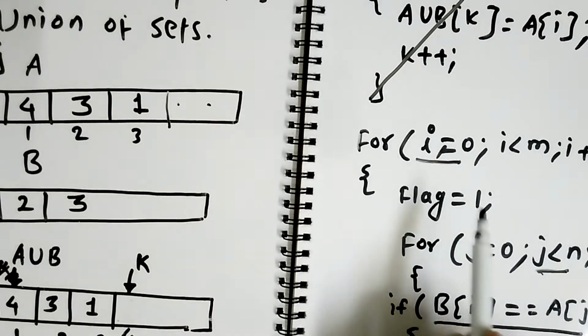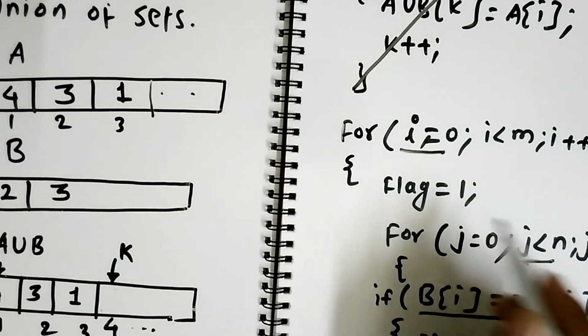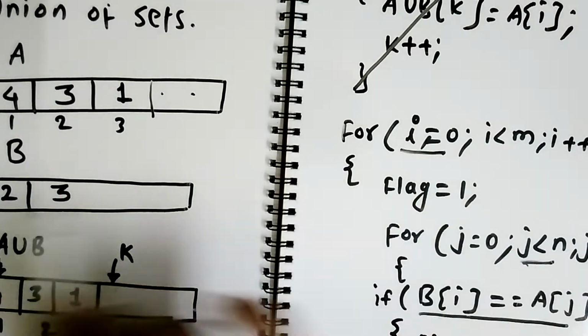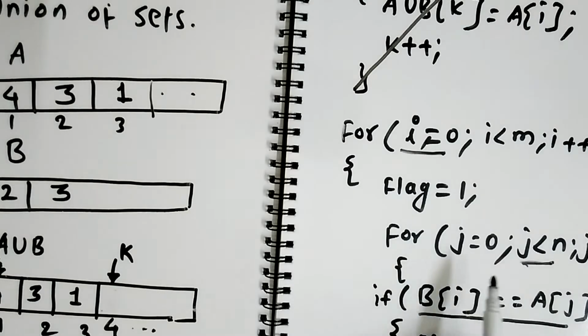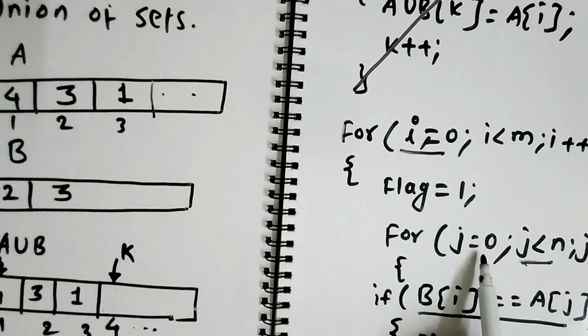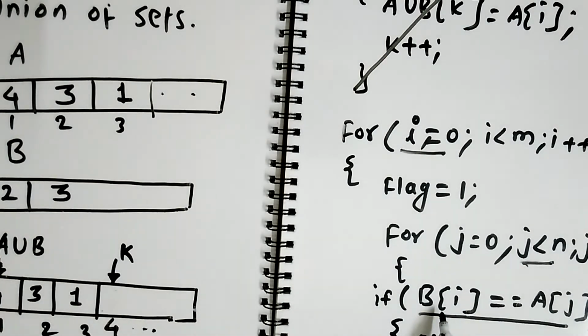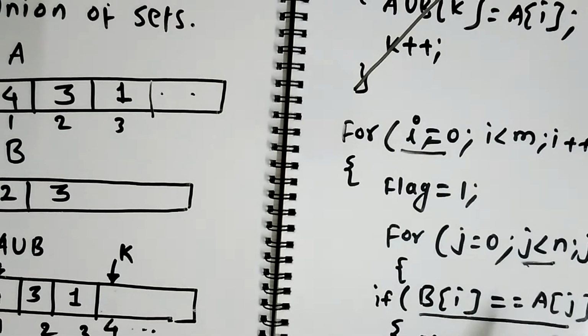If I use the same code, I assign flag equal to 1, assuming the element is not present, and I check whether it's present using this for loop. If B of I equals A of j, I set the flag to 0.